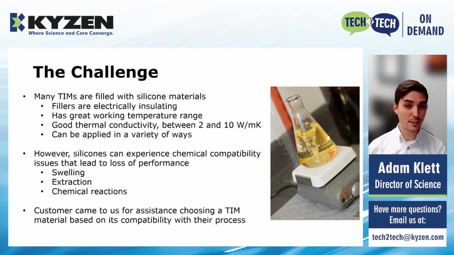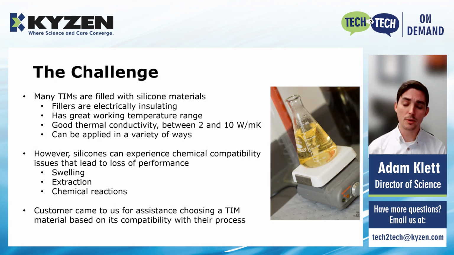The solvent can also extract components out of the TIM, which causes also a loss of thermal properties. And then in some cases, you might even get chemical reactions that can again lead to a loss in thermal performance. So it's very important to understand the effect that these different chemistries can have on your TIM material before choosing them. And in this particular case study, that's what we're going to talk about.